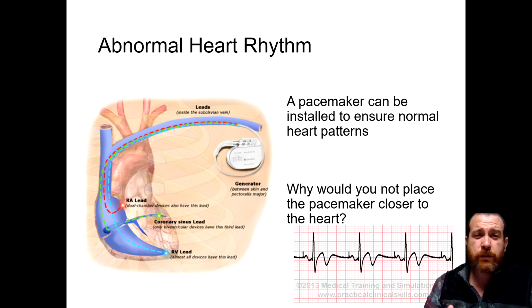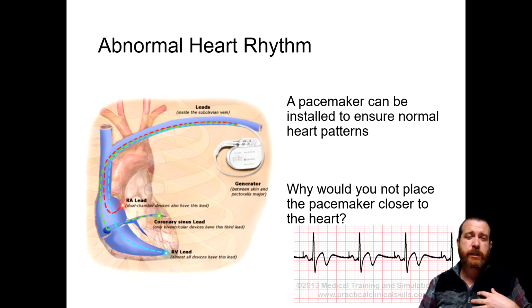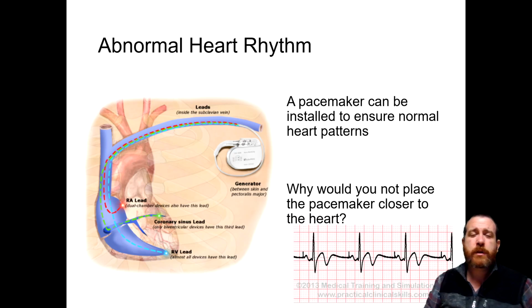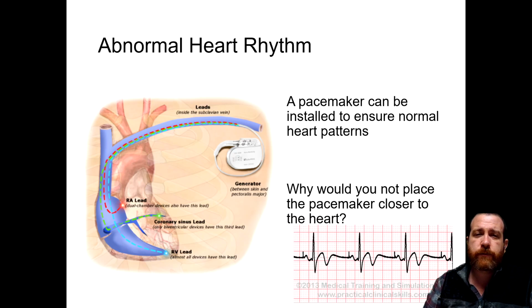One thing that we can do to try and address these arrhythmias, these inappropriate rhythms, these things firing when they shouldn't be, is putting a pacemaker in. A pacemaker is an example of a surgery that, yes, is pretty serious, but we're not actually opening up the chest or the heart, because most of the time we just put the pacemaker unit underneath the skin and then thread an electrical lead into the heart itself.